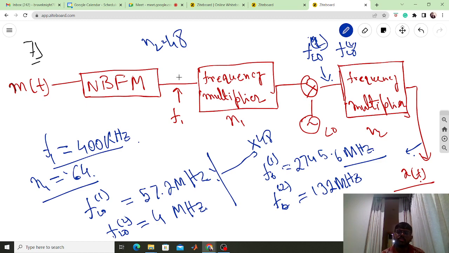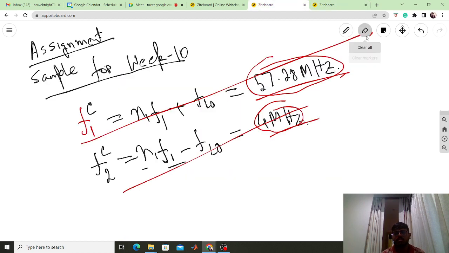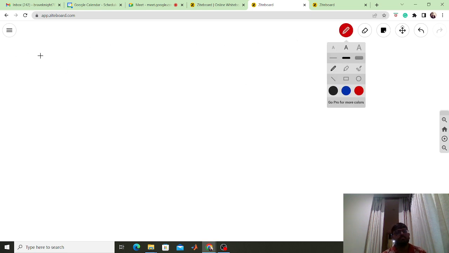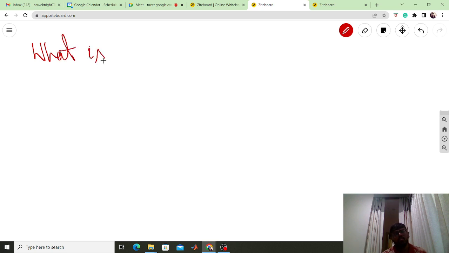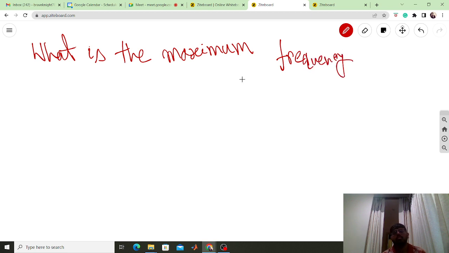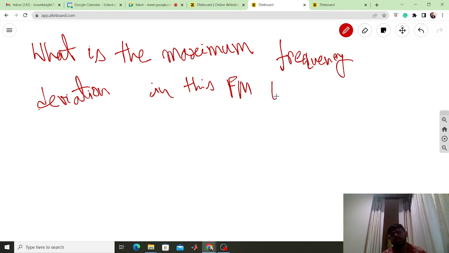Now the seventh question I am just asking is, what is the maximum frequency deviation in this FM transmitter?